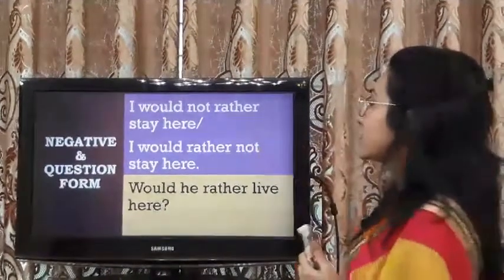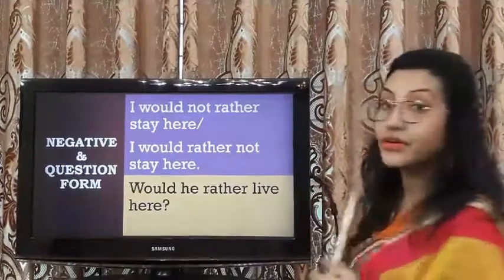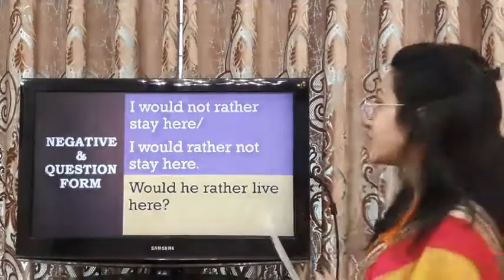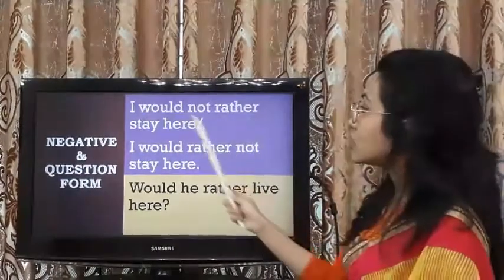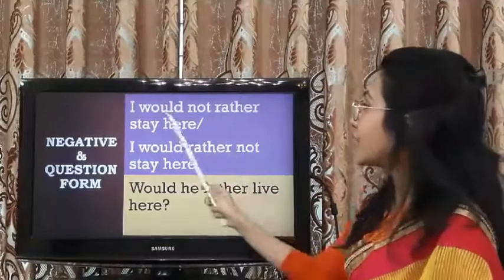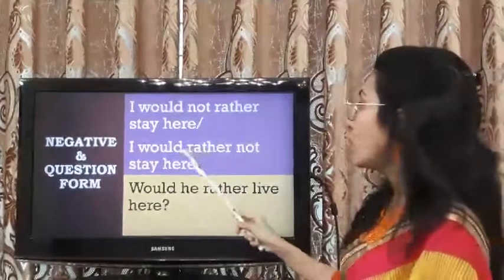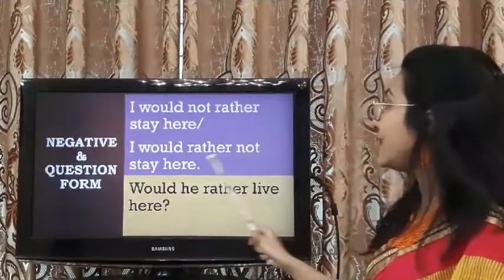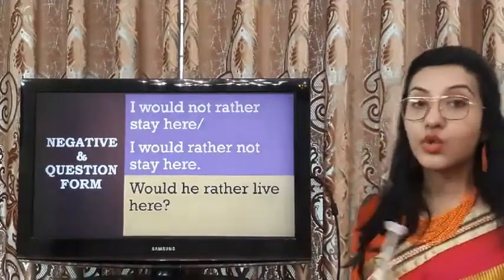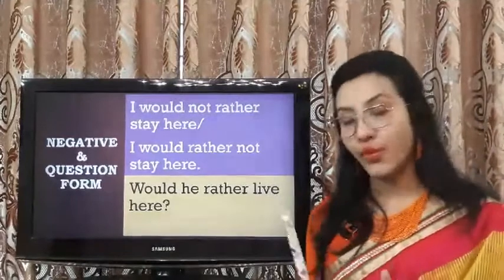First exampleটা আছে I would not rather stay here. What we have done here, আমরা notটাকে would rather এর মাঝে এনেছি. In the second one, what we have done, we have put it at the end of would rather. So we can do in both ways.